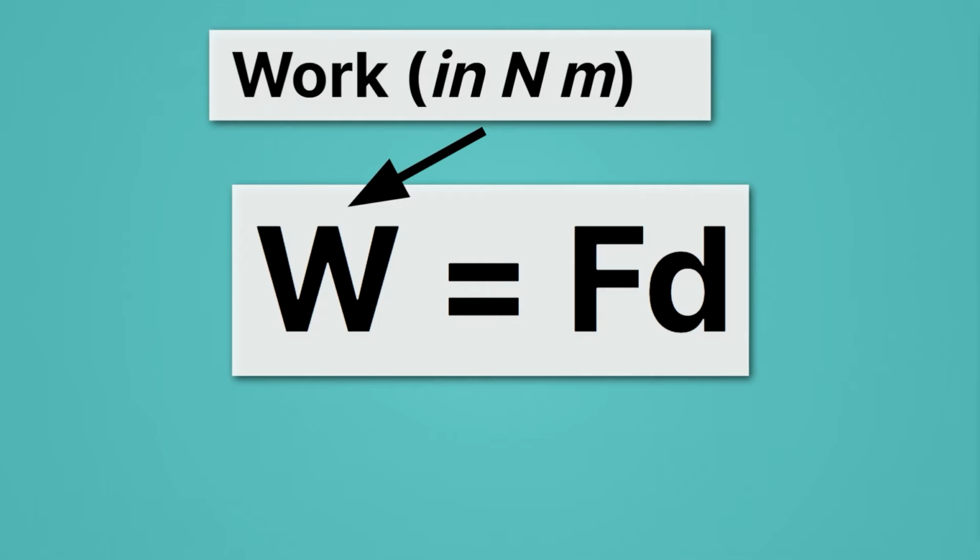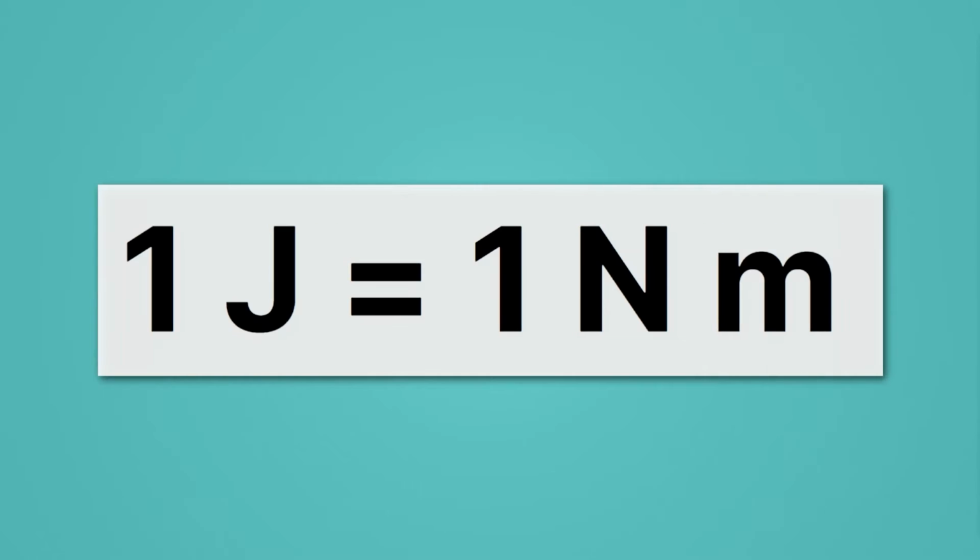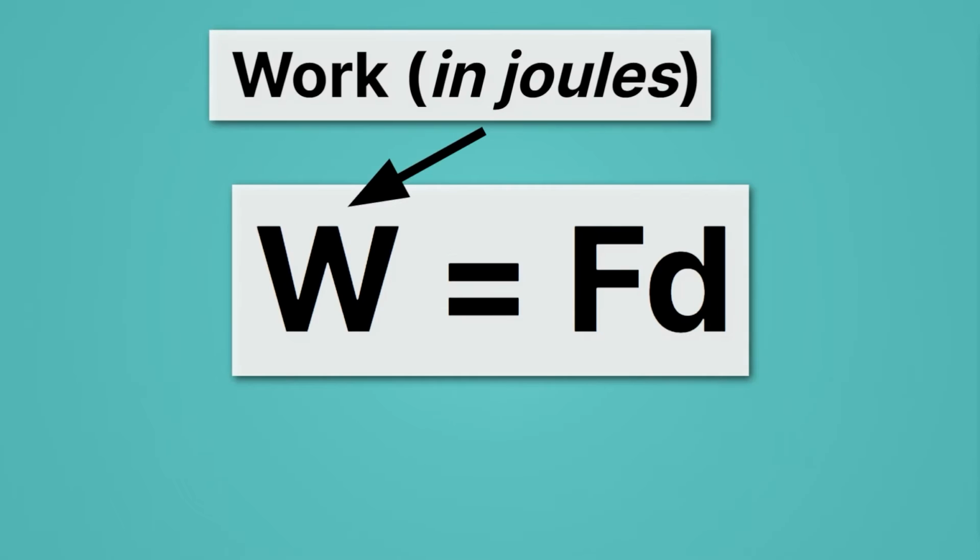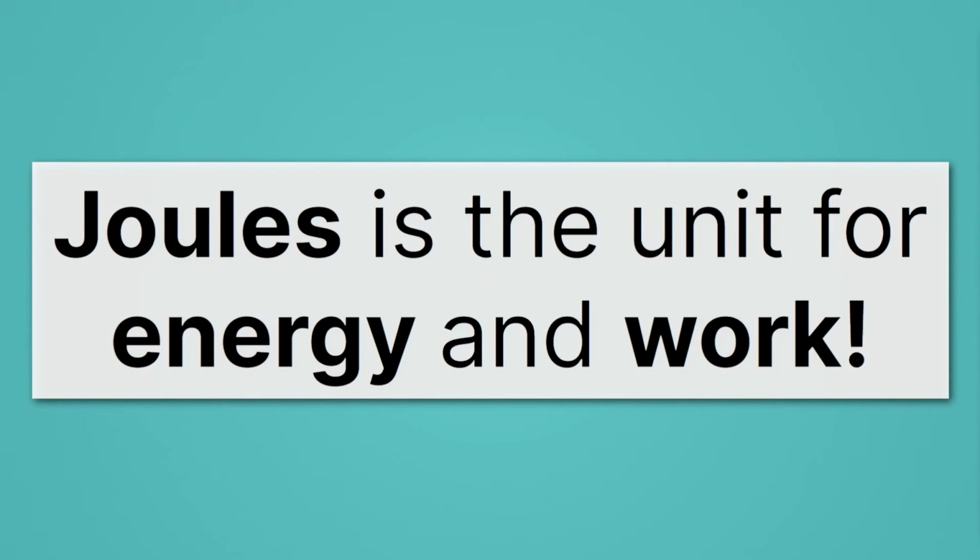That's kind of a weird unit, and so what we actually do is we combine Newton meters into one unit. We say 1 J, we'll get to what that is, equal to 1 Newton meter. Well, a J stands for joules, so work is going to come in joules. And actually, joules is going to be the unit for energy and work.